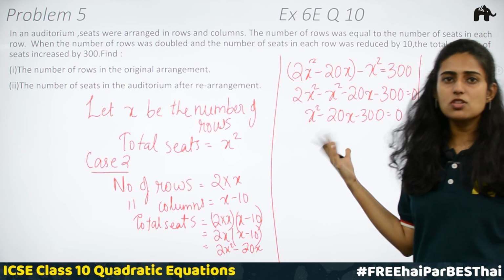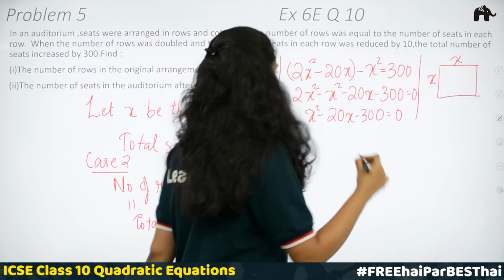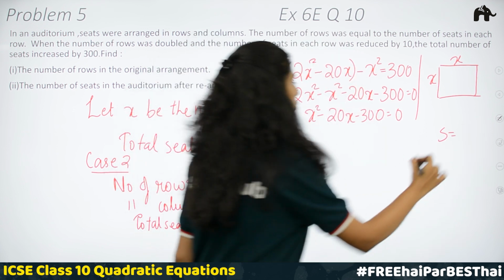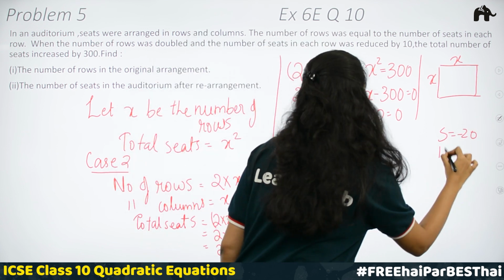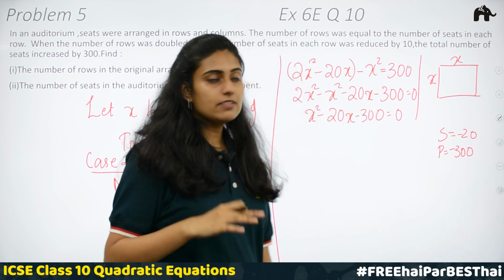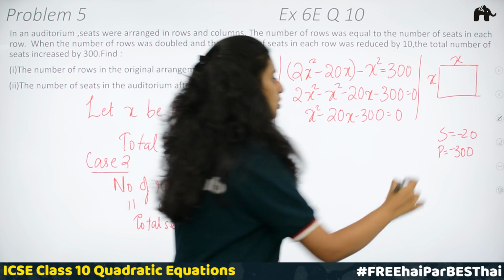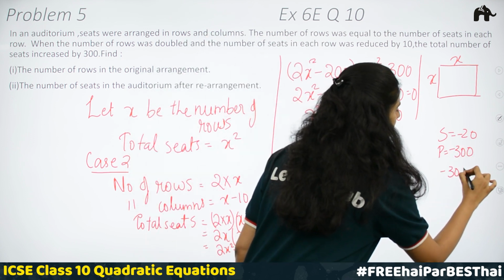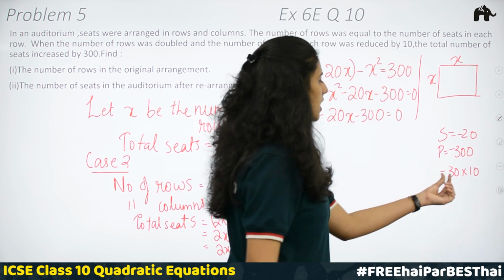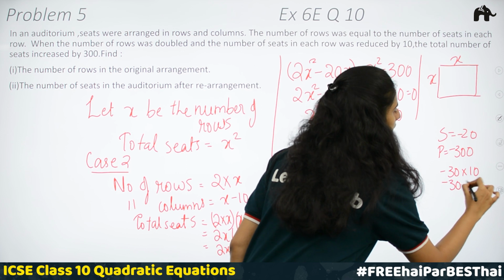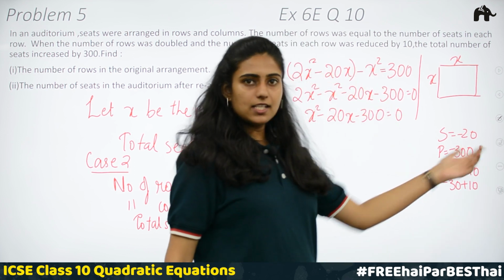Now, we need to solve this quadratic equation. Here, the sum of the two numbers selected should be equal to minus 20 and the product should be equal to minus 300. One number should be negative and the second should be positive. To get minus 300, we can multiply minus 30 and 10. Minus 30 plus 10 is minus 20.